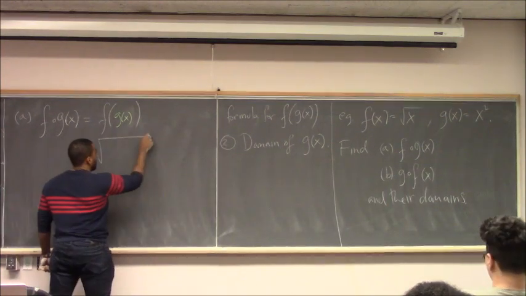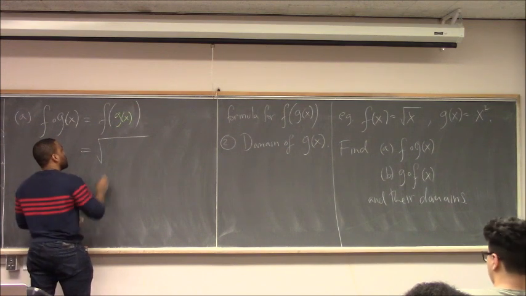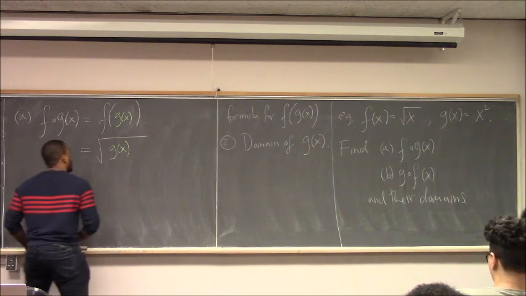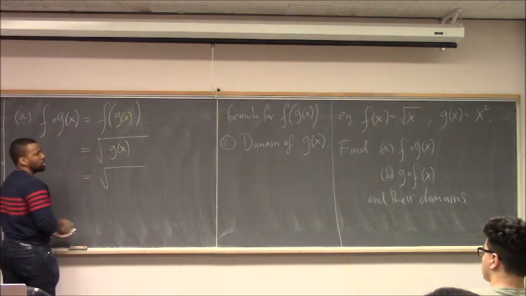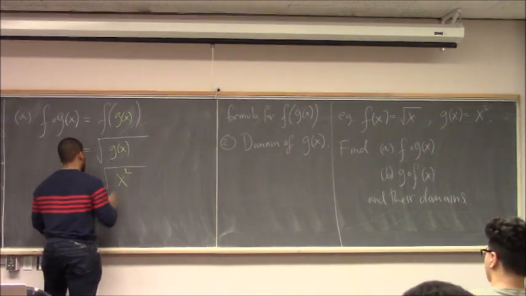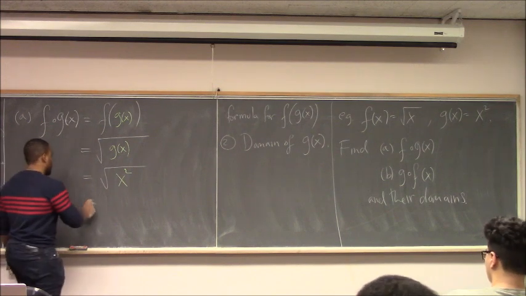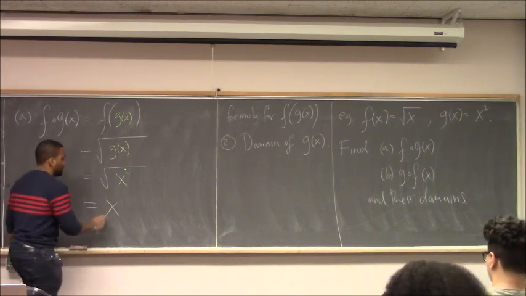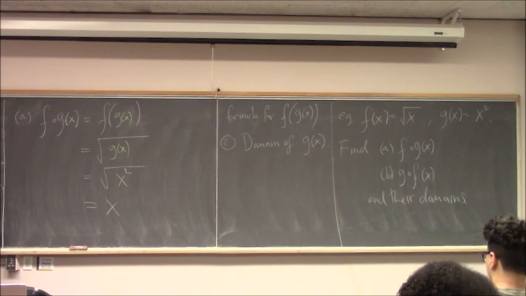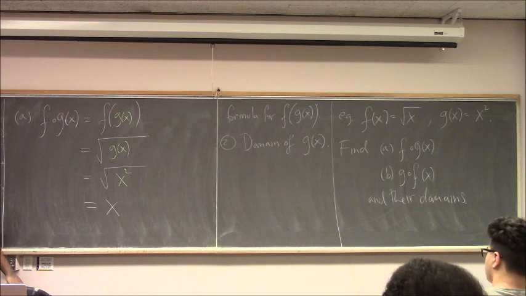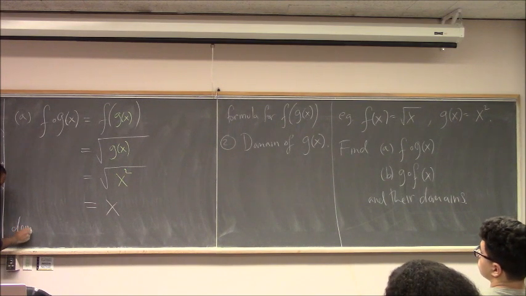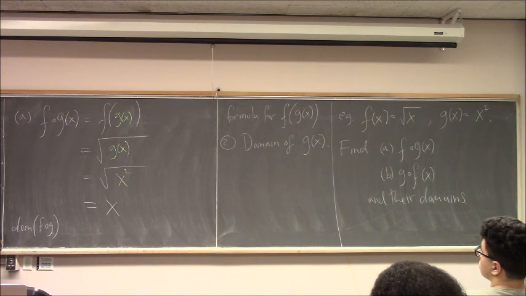So this is just the square root of g of x, okay? Which means it is the square root of x squared. Now if you were to simplify that, what would you get? Well, x. Okay? And so now, if I were to ask you, what is the domain of this guy? All real numbers.